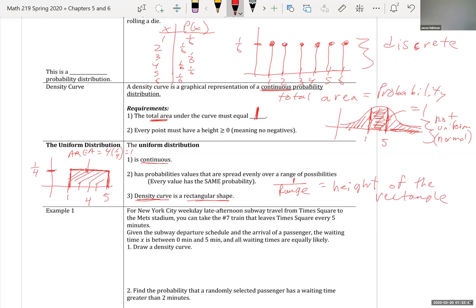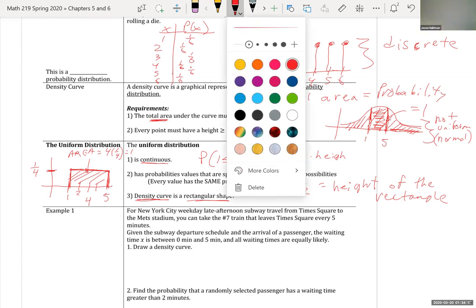Okay, and so what would the probability of holding your breath from 1 to 2 minutes be? Well, it's actually really easy to get the probability. Let's just write it up here. The probability from 1 to 2 minutes is the width of that times the height.